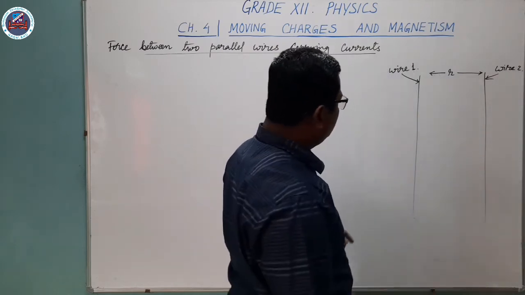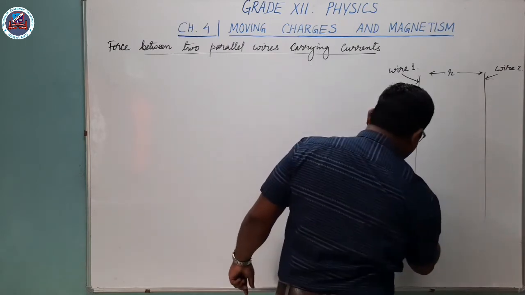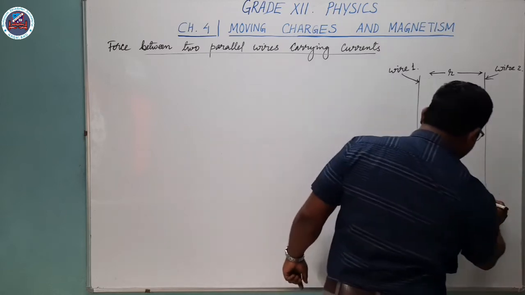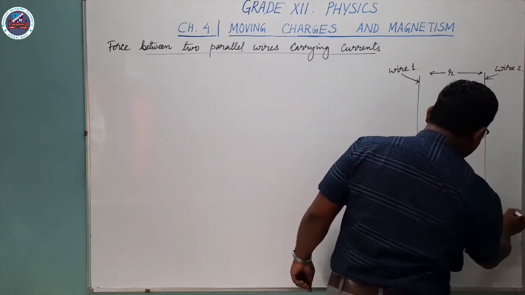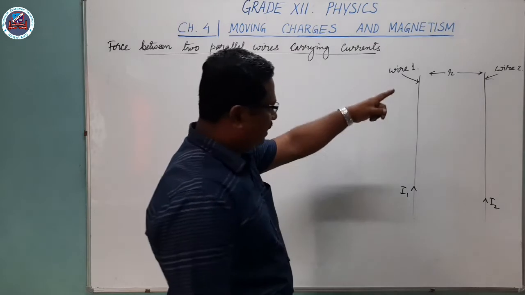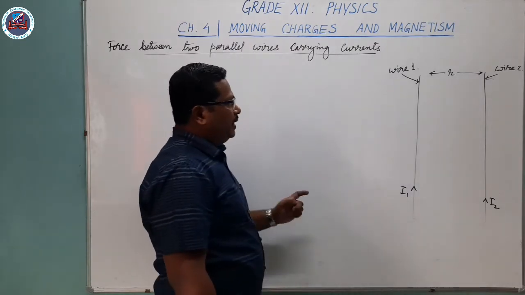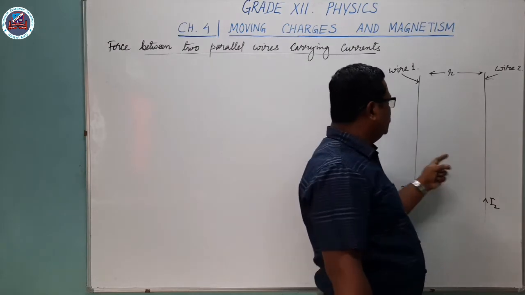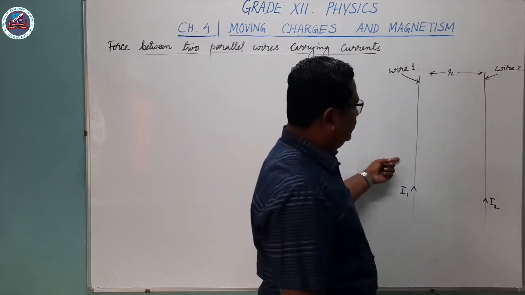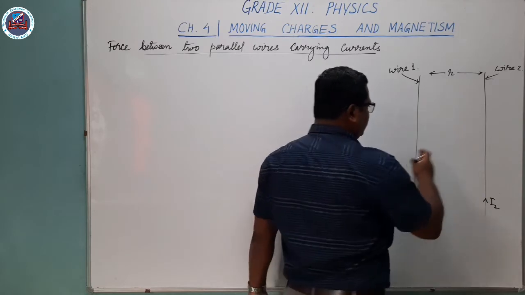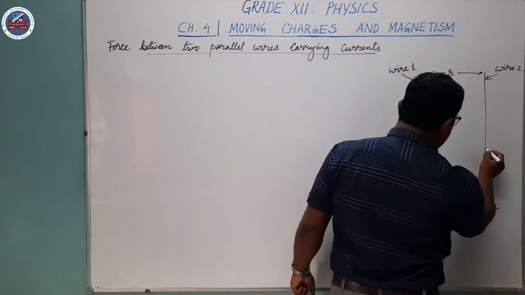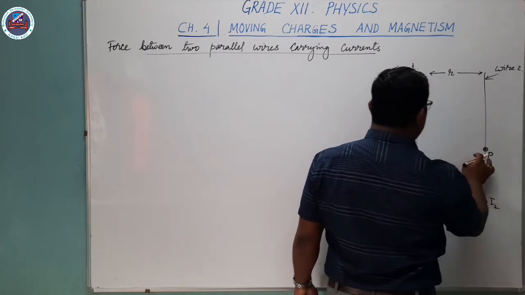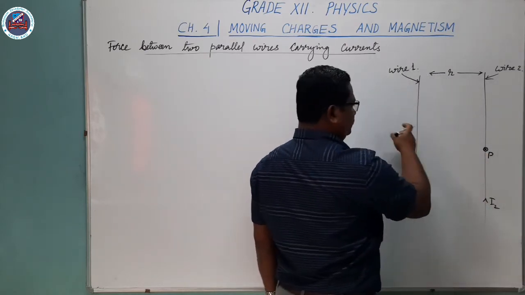Now I am allowing current I1 to pass through wire 1 and current I2 to pass through the second wire. To find out the force experienced by the second wire due to the first wire, you'll have to find out the magnetic field at a point, say P, in the second wire due to the first wire.